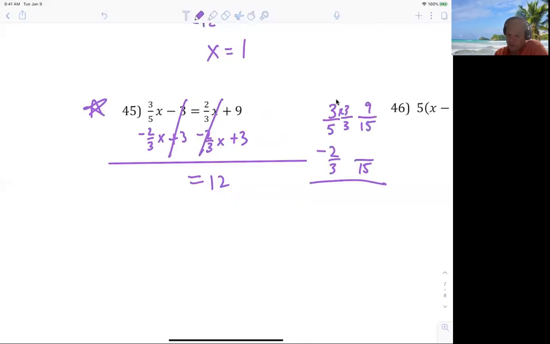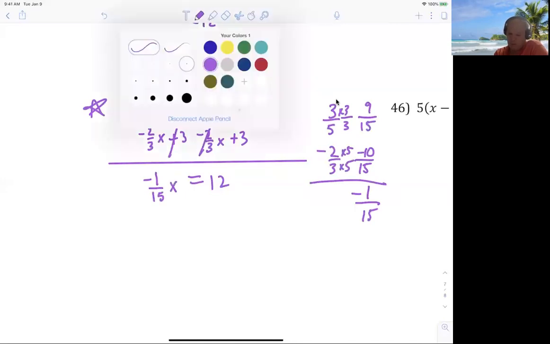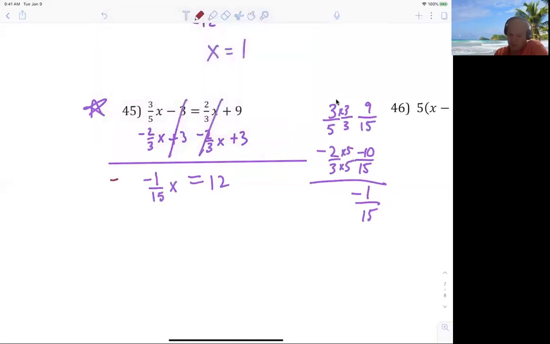Multiply this by 5. So 9/15 minus 10/15 is negative 1/15. So negative 1/15 x. Now again, we multiply by the reciprocal, so I'd just be multiplying both sides by negative 15. So x is equal to, and of course, 12 times 15 is 180. And don't forget the negative, all right?